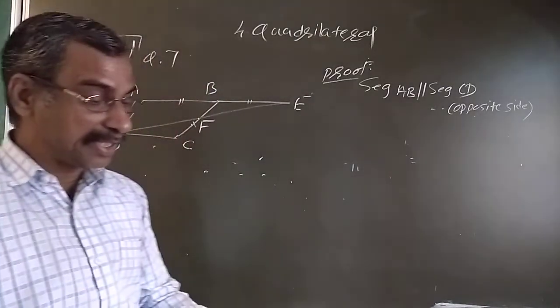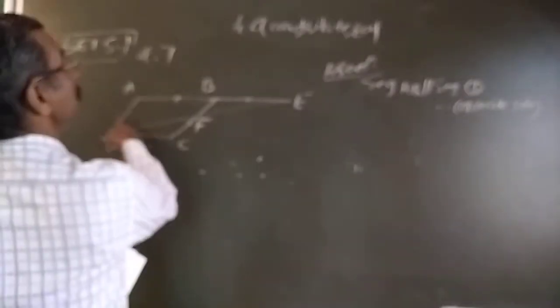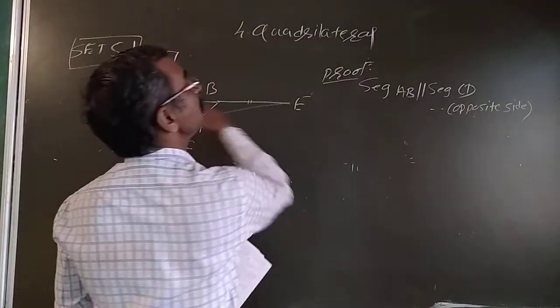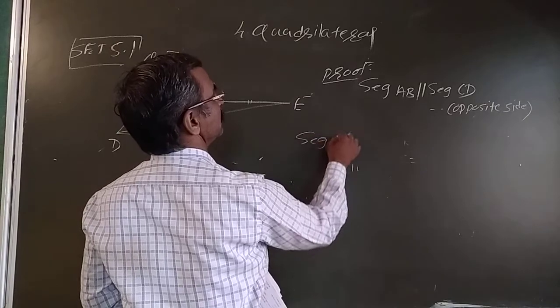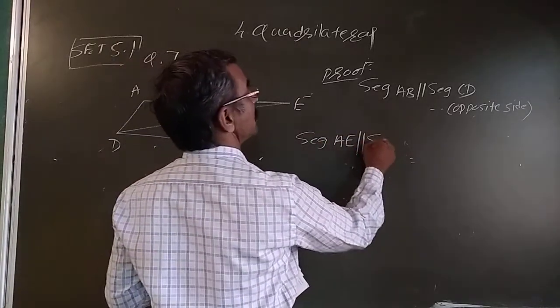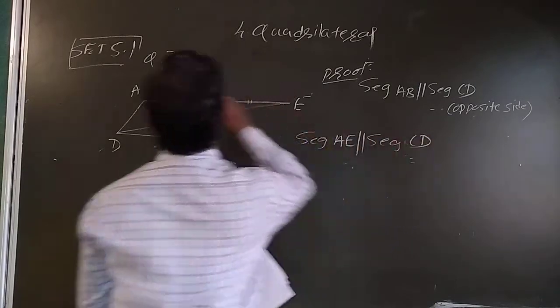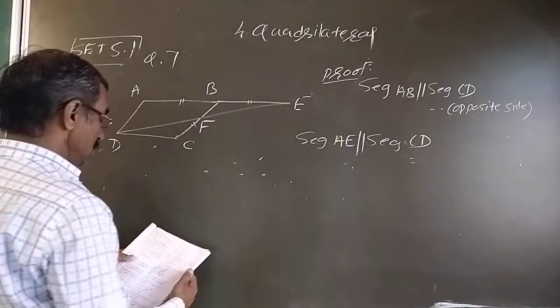AB is extended to E, so segment AE is also parallel to the segment CD.